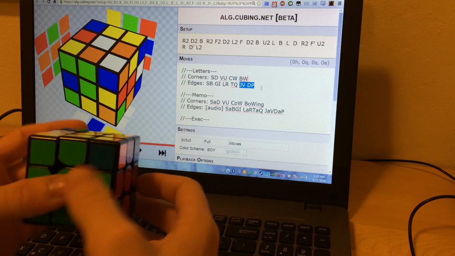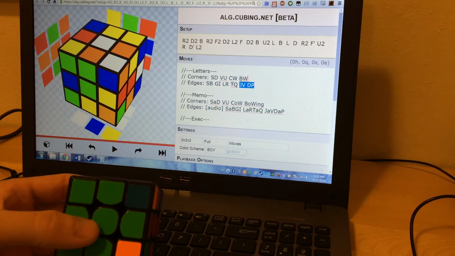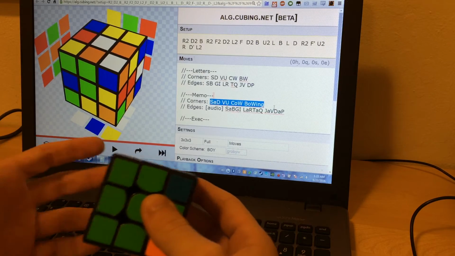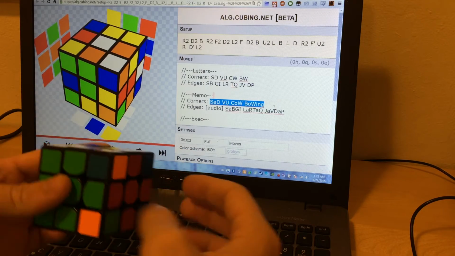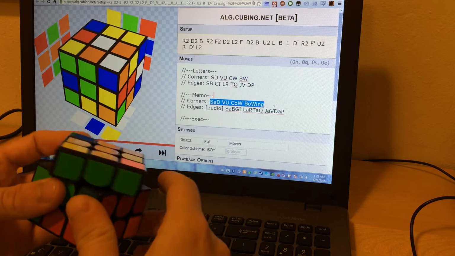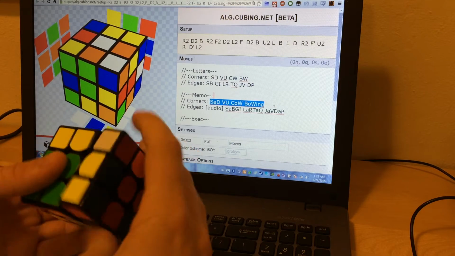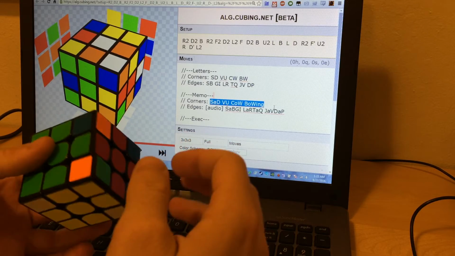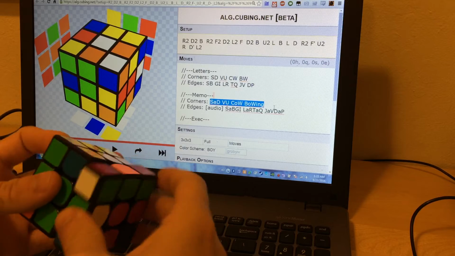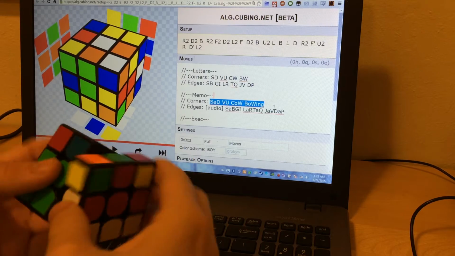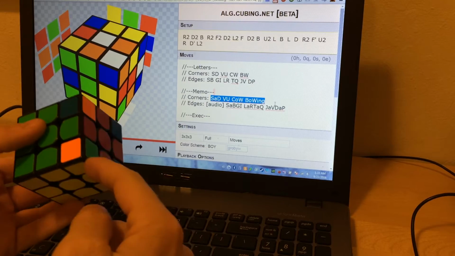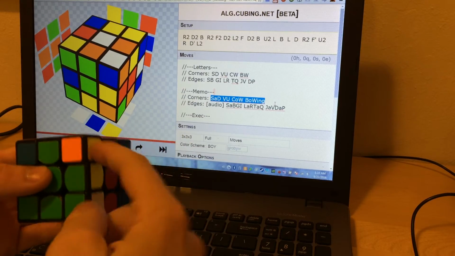Then we'll do S, so now we're moving on to corners. So S is in the back over here, so we can set it up to here, cancel with the Y perm. Then go to D, again cancel with the Y perm. Then we have V, which we can cancel.